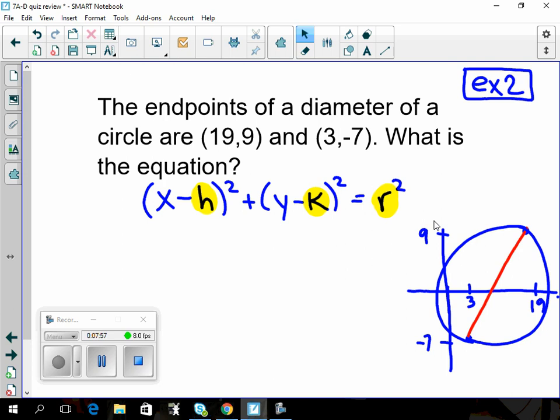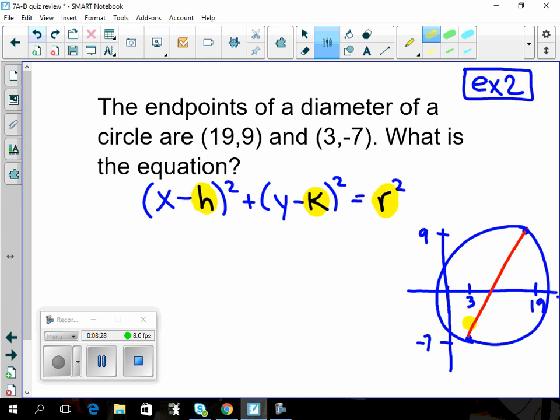Can we estimate where we think the center of my circle should be? Where should the center of the circle be? Is it here? No. Isn't it on the diameter itself? Not just specifically on it, but where on it? Is it going to be here? Is that the center of my circle?